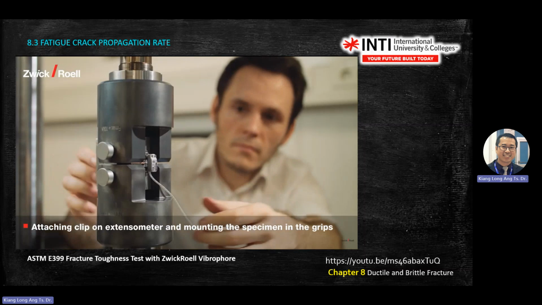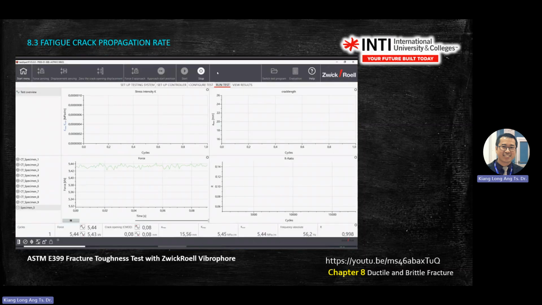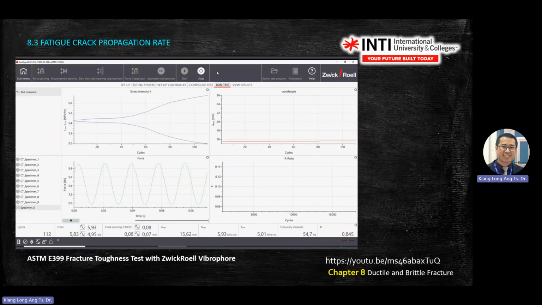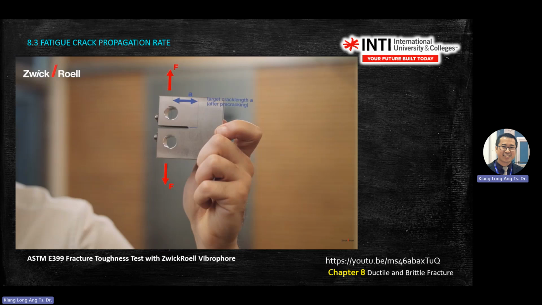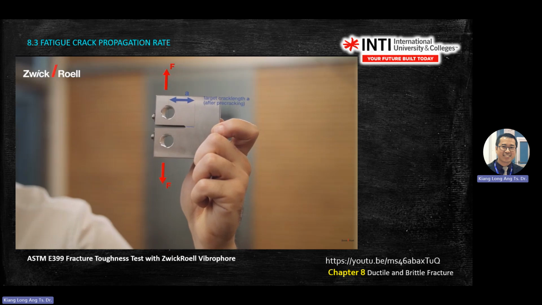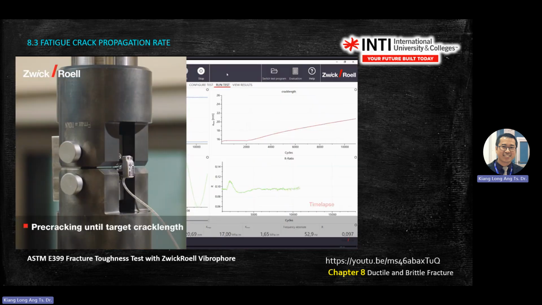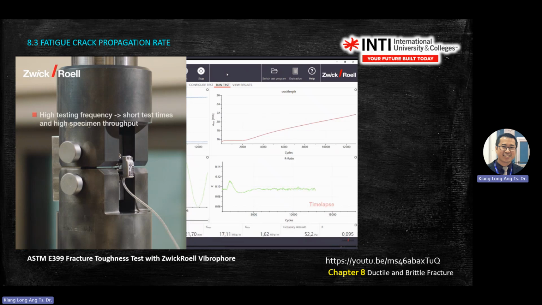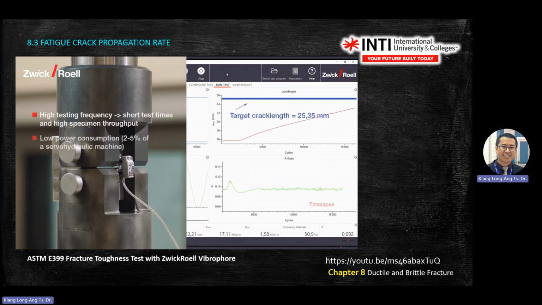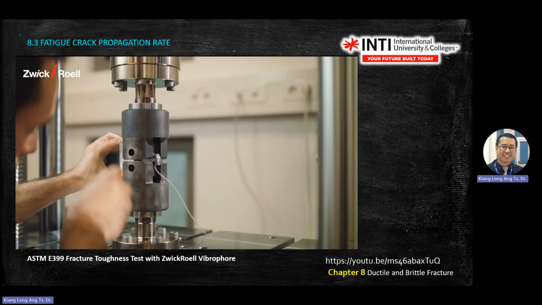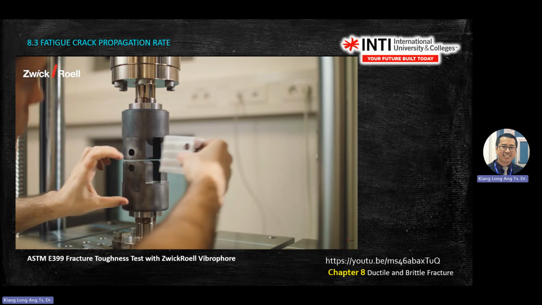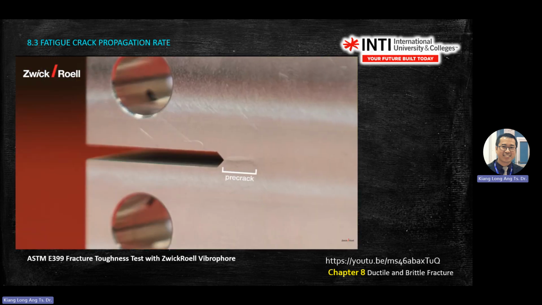Lots of sensors. Extensometer is to measure the expansion. You see the crack. This is the dynamic test. Load and release, load and release, load and release, so many times at high frequency. This is a pre-crack.